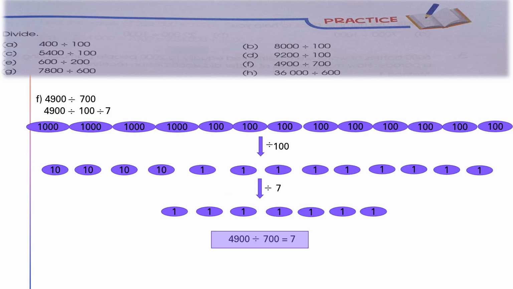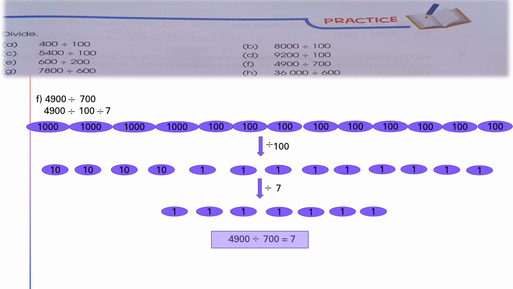In part F, we have to divide 4,900 by 700. So 4,900 is going to break up into 0 ones, 0 tens, 9 discs of 100 and 4 discs of 1,000. And for 700, we break it up into 100 and 7.